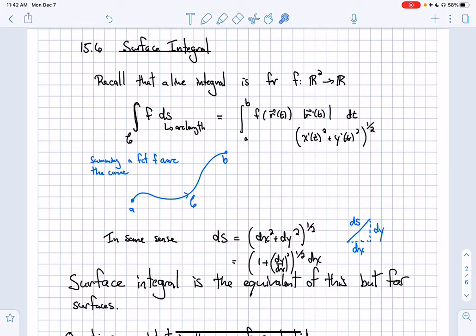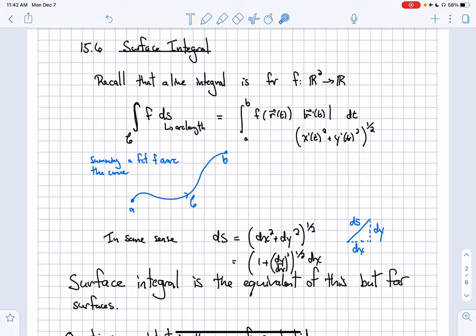So if I parameterize my curve by x, then x as a function of the parameter is just x, so I get the square root of 1 plus the derivative of y with respect to x squared, dx. That's my element ds if I parameterize my curve by x.